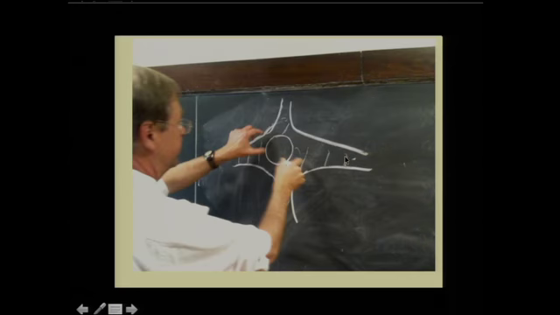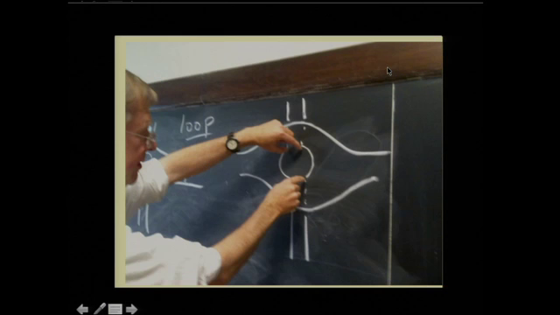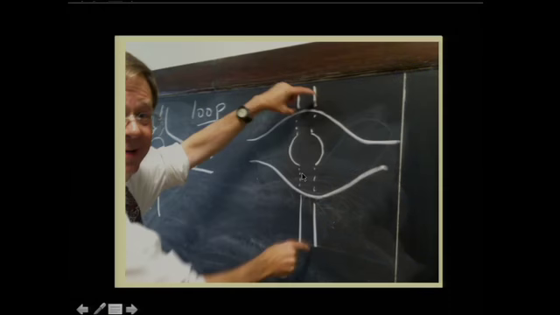But different from what we had before is the loops now have insides and outsides. And these 4 particles are all coming off the outside, but you could imagine having 2 of them come off the inside, which is what I've tried to sketch here. So we've got 2 particles on either side coming in with a loop, and then off the inside, we're taking 2 particles out like that.